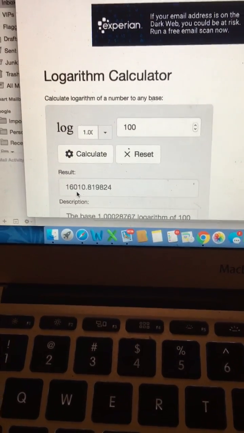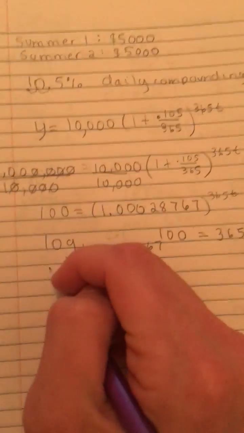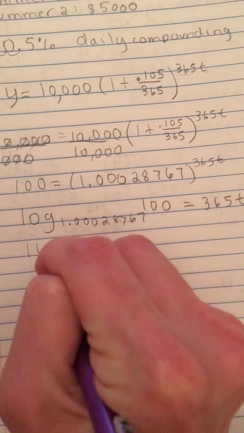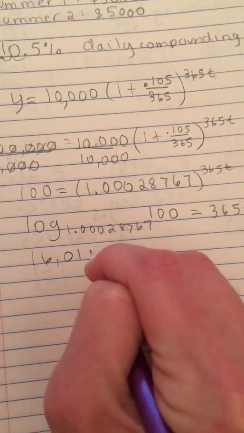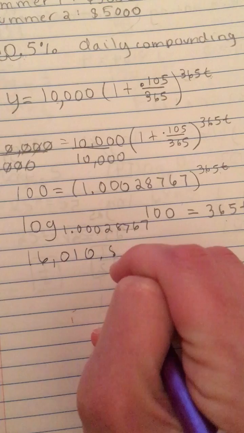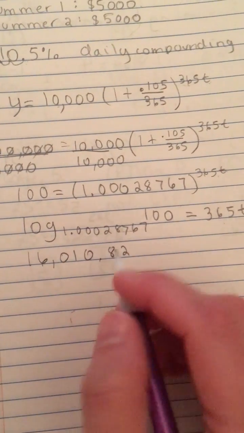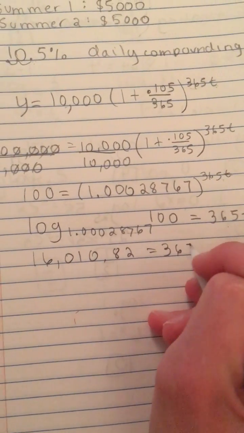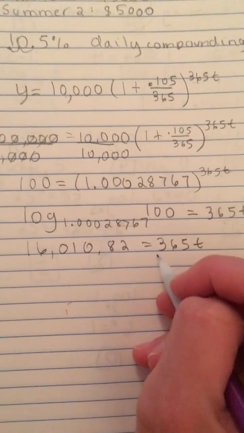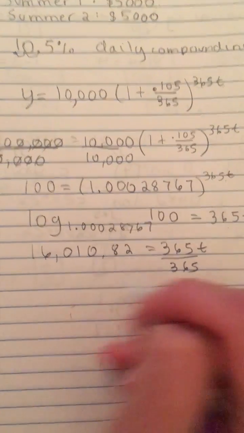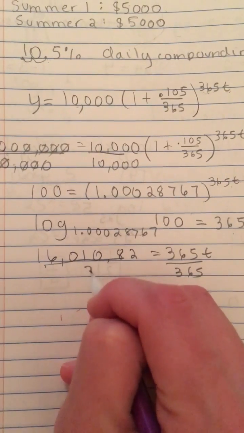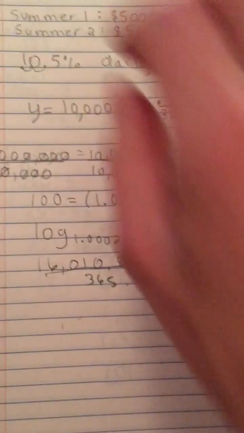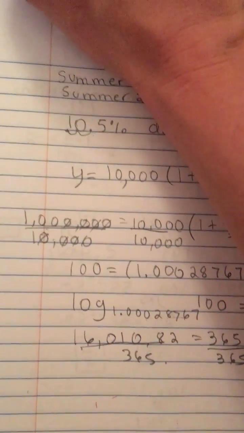Pretty big number, 16,000. So this is 16010.82. That's 16,010.82 equal to 365t. And then I just divide both sides by 365.